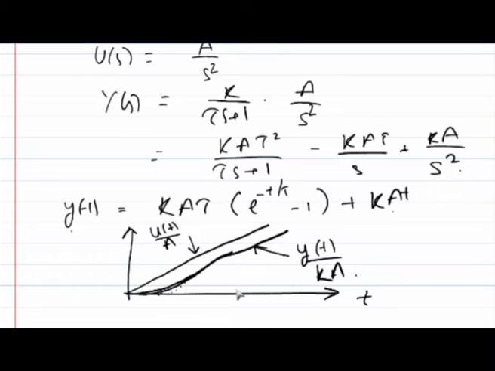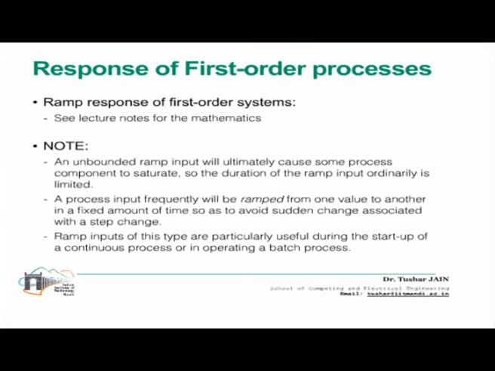The process input frequently will be ramped from one value to another in a fixed amount of time so as to avoid the sudden change associated with the step change, and ramp inputs of this type are particularly useful during the startup of a continuous process.